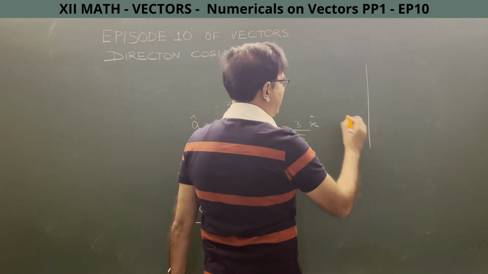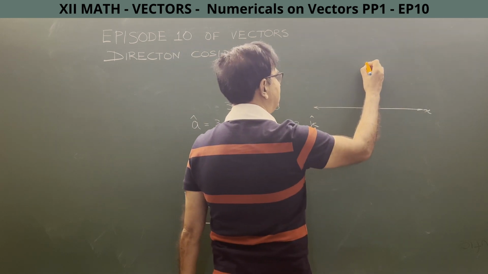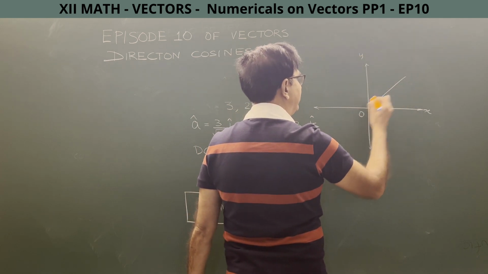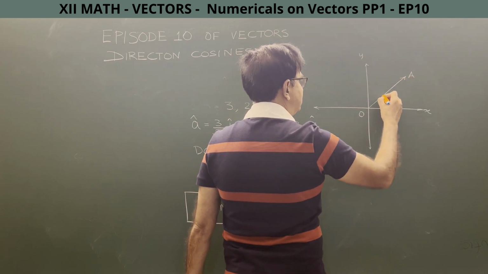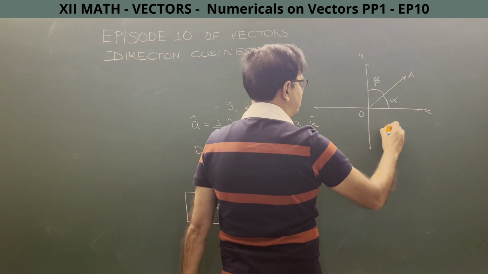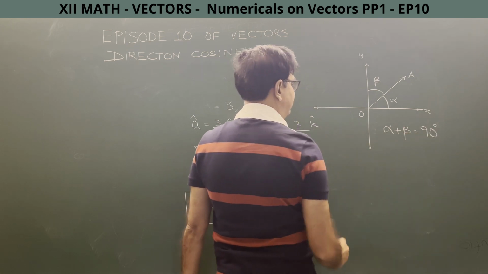When you had a two-dimensional vector, x axis and y axis here, and this was your vector, say OA, if this angle was alpha and this angle was beta, so what was alpha plus beta? 90 degrees.